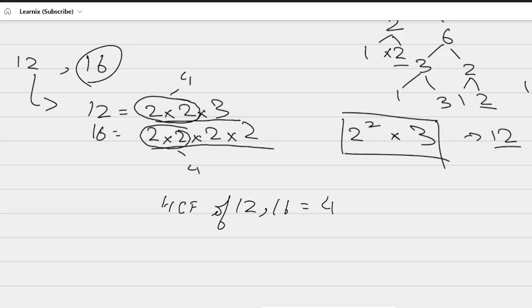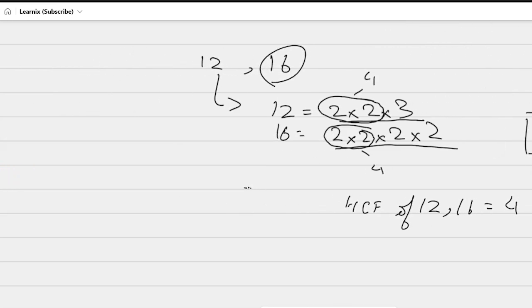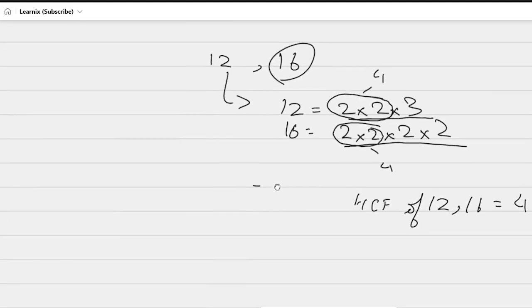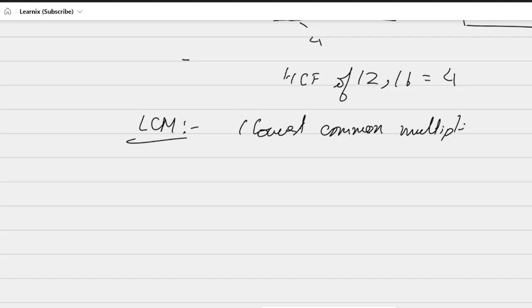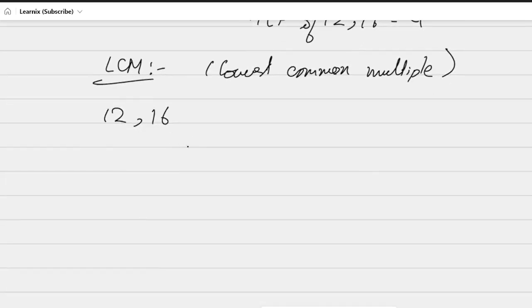Okay, now let's move on to LCM. LCM is the lowest common multiple. I'm sure you've heard of this concept. Let's take the same numbers, 12 and 16. Now we know that the prime factors of 12 are 2 times 2 times 3, right?